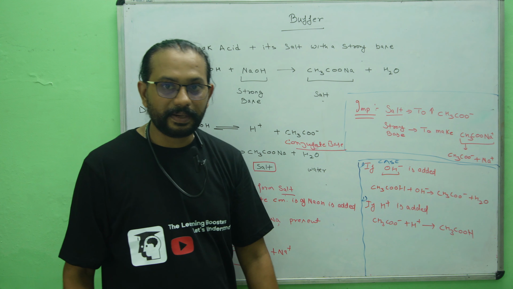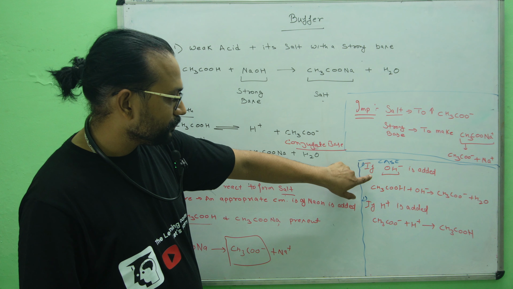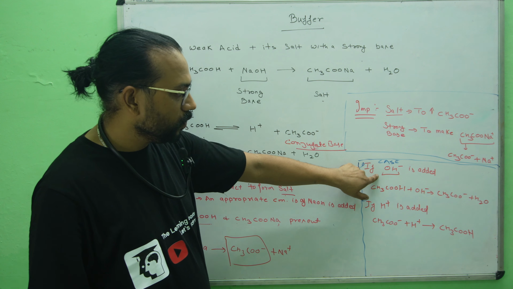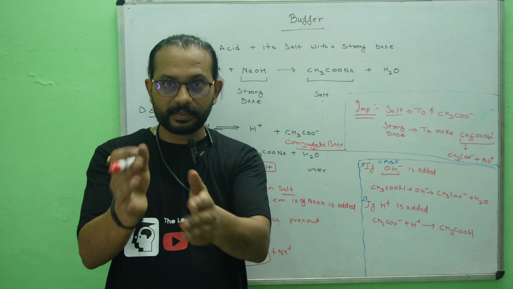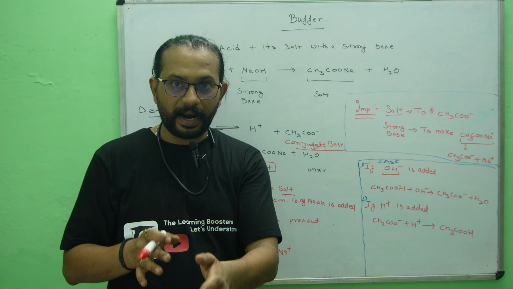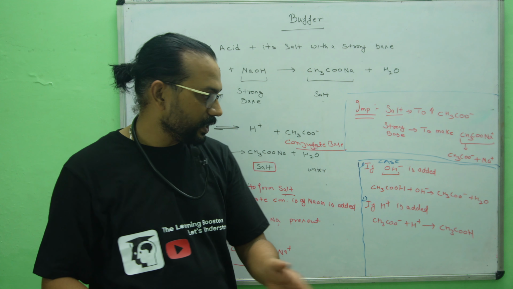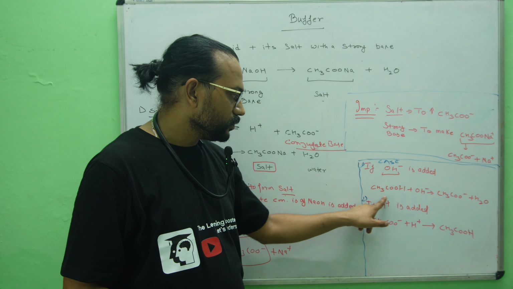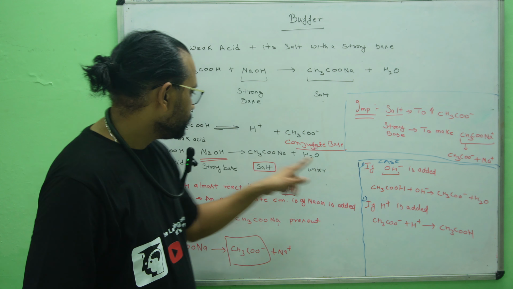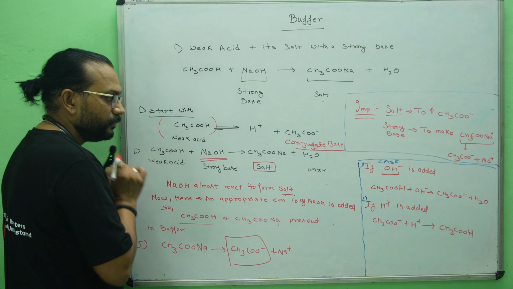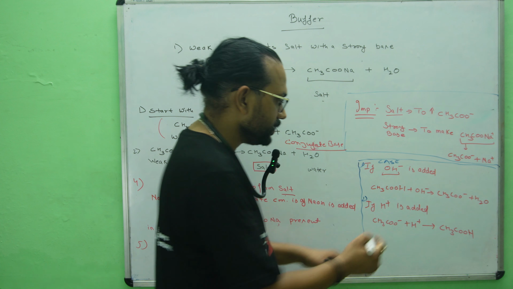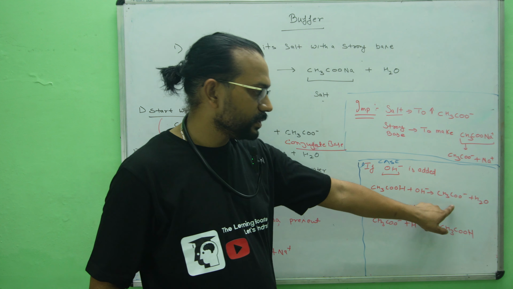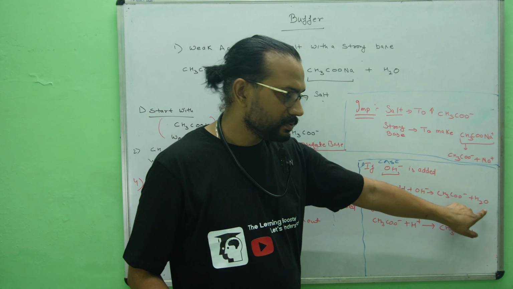Now let us take a case. If OH− is added to a buffering system, because it needs to maintain the pH, what happens? This OH− reacts with CH3COOH, the weak acid, to produce acetate ion plus water.